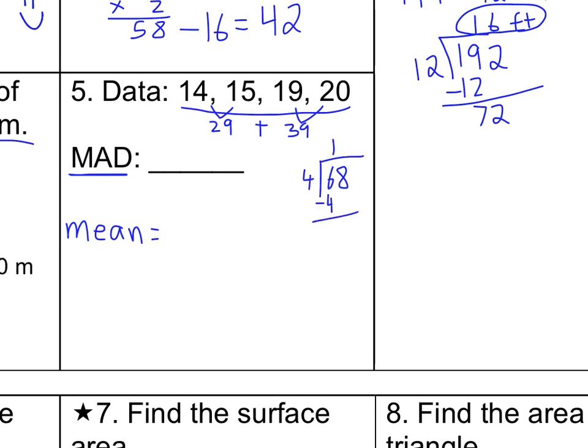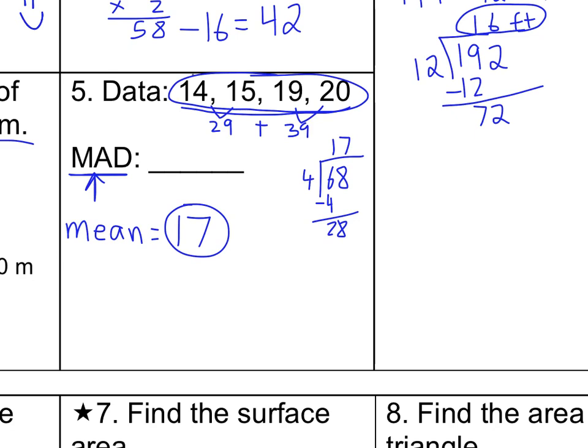So since we have a mean of 17, we're now ready to begin step 2, which is to find the MAD. So we're going to create a new list using this list and our mean. How far apart is each number from the middle?